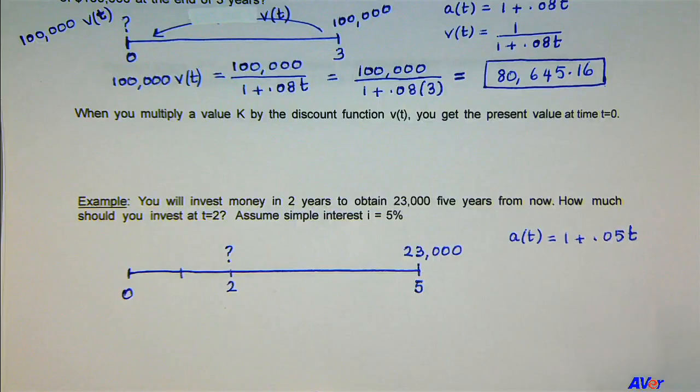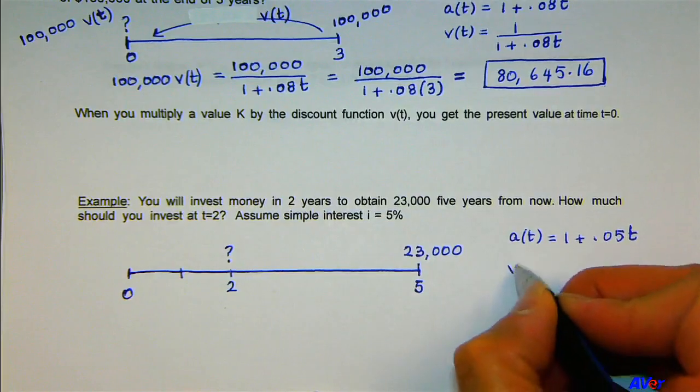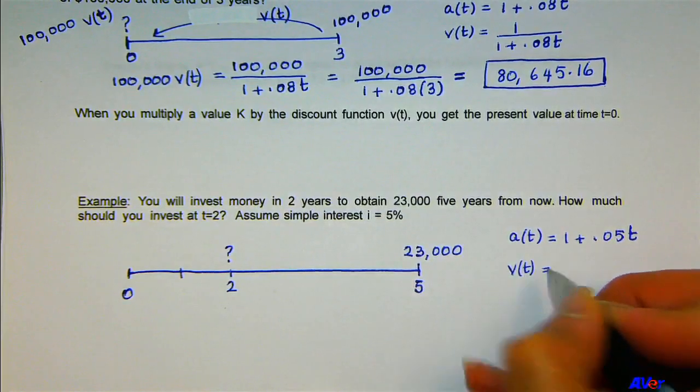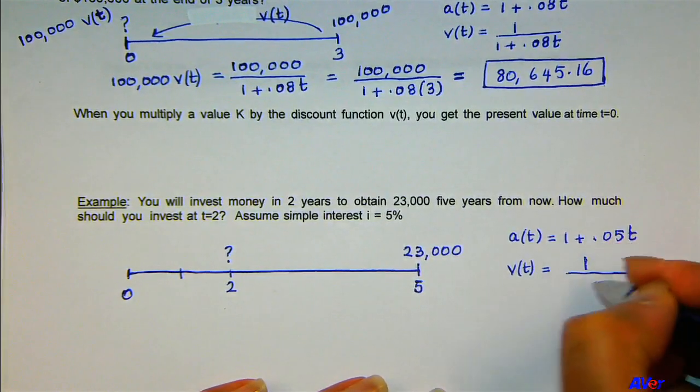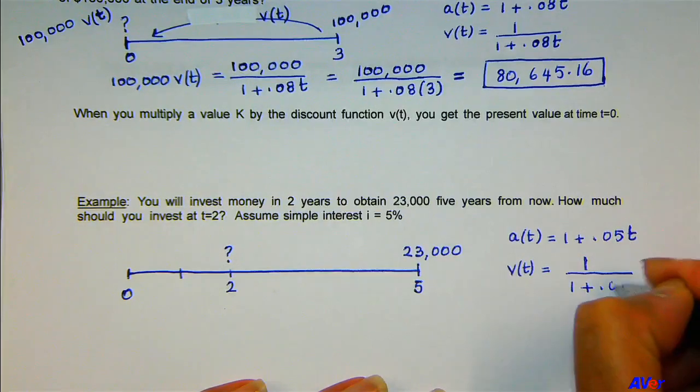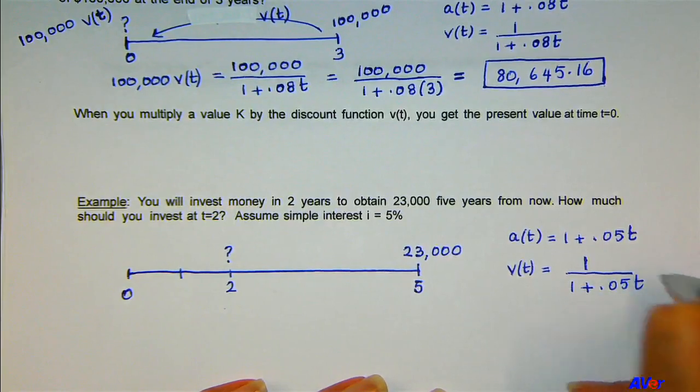So I dare not say 1.05t. It's 1 plus just the 0.05 times t, right? Okay, so v of t equals what? 1 over, exactly right, 1 over 1 plus 0.05 times t.